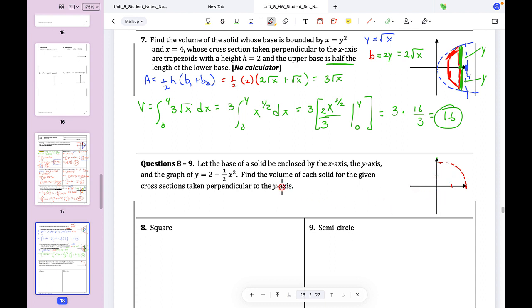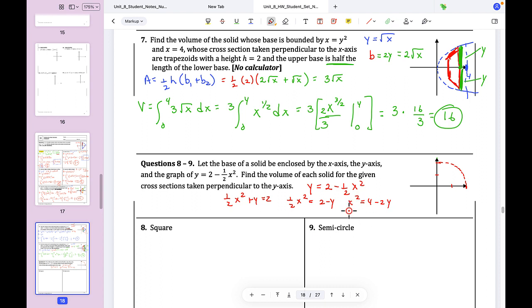Now, it is perpendicular to the y-axis that we're talking about, so we need to rewrite this equation before we go too far, solving for x instead of y. So I've got 1/2 x squared plus y equals 2, so 1/2 x squared equals 2 minus y. Multiplying by 2, x squared equals 4 minus 2y.